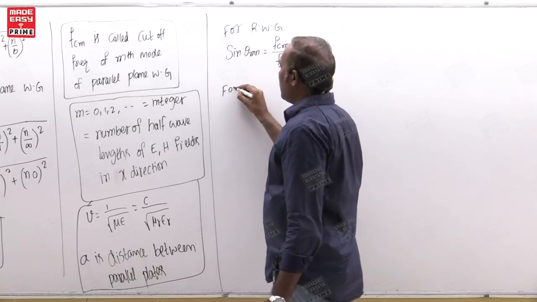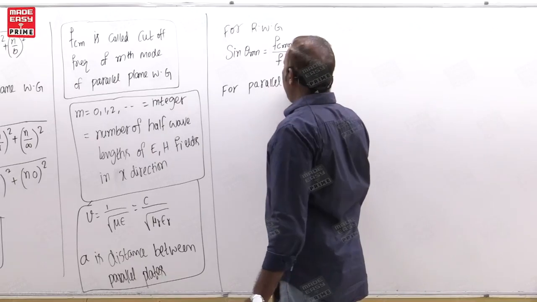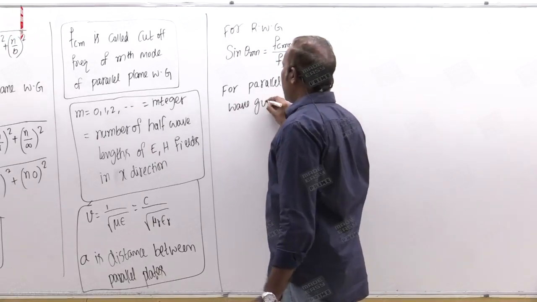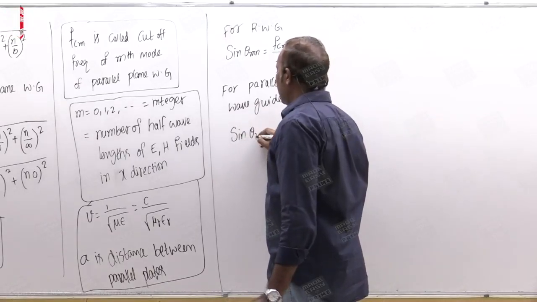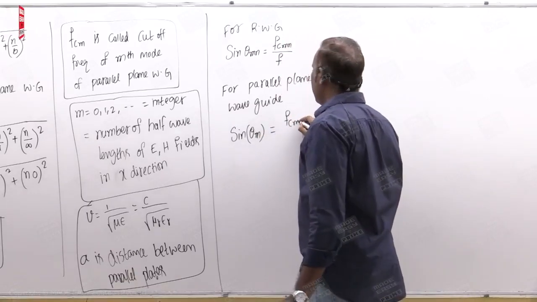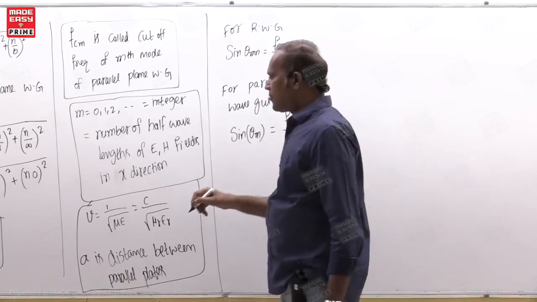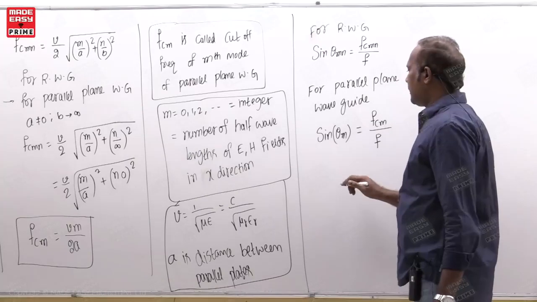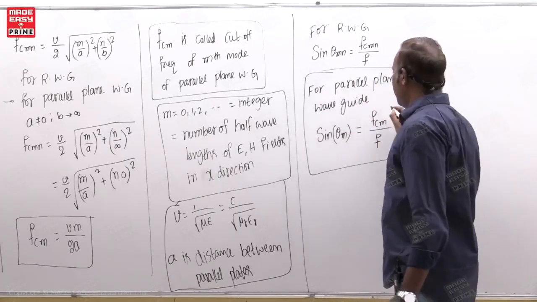Now for a parallel plane waveguide, sin theta_m is equal to simply fc_m by f. Already you know what fc_m is. This is written here, fc_m. So this is the formula.